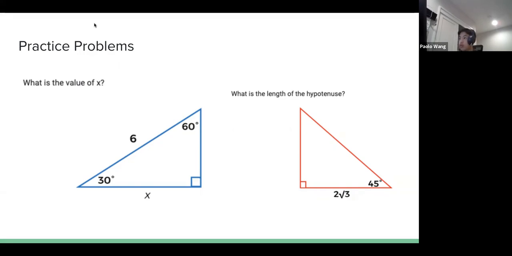Since over here you know that this is 6, you know that 6 divided by 2 is equal to x, so x is equal to 3.